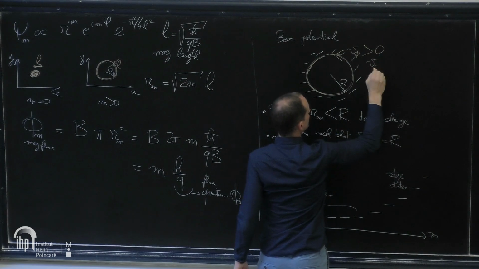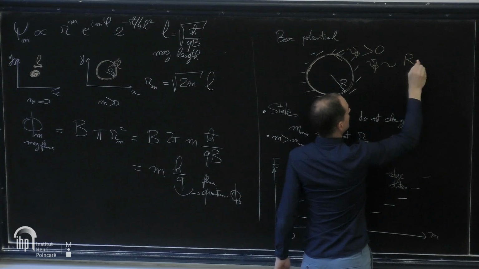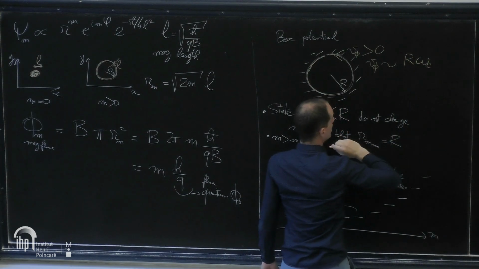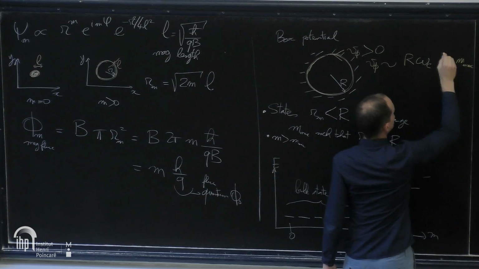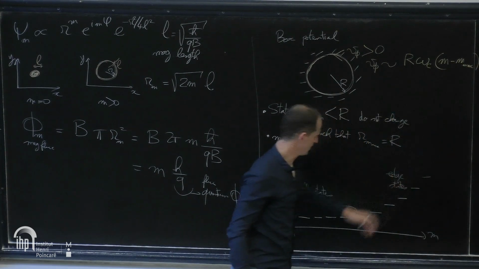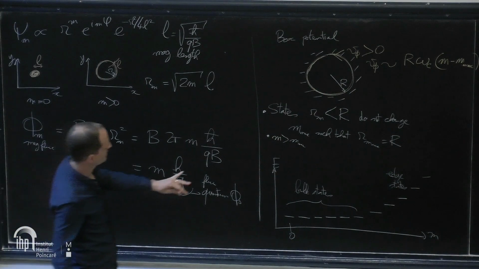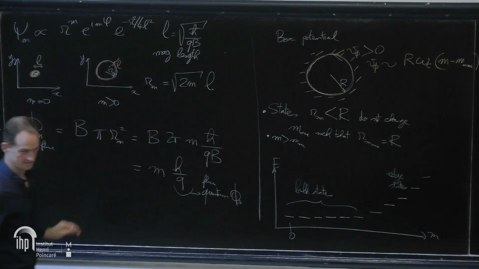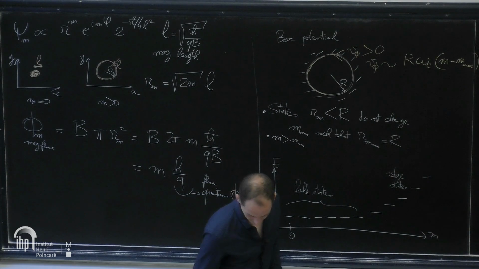So actually v phi is more or less given by r omega c times m minus m max. So it increases when we increase the value of m, while for bulk states, I mean, they are basically at rest.